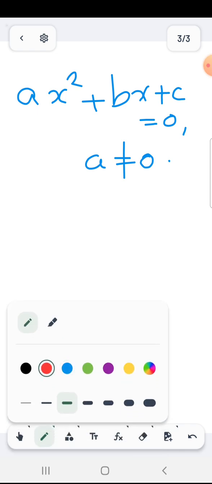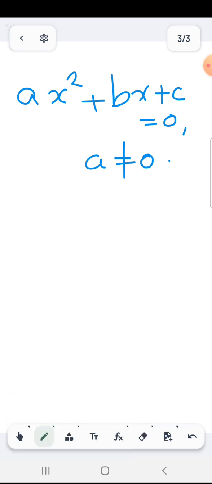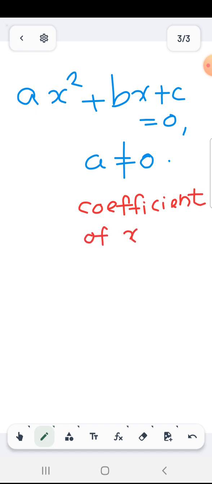Remember the coefficient of x square. Coefficient means the number with x square. Coefficient of x square will always be a. In the general form, a means the coefficient of x square and b means the coefficient of x.